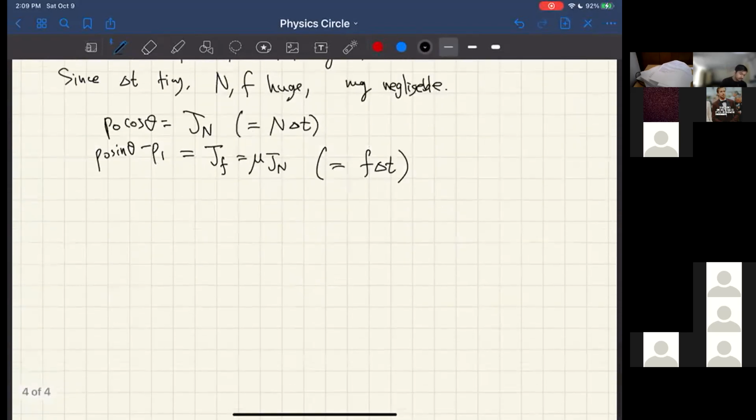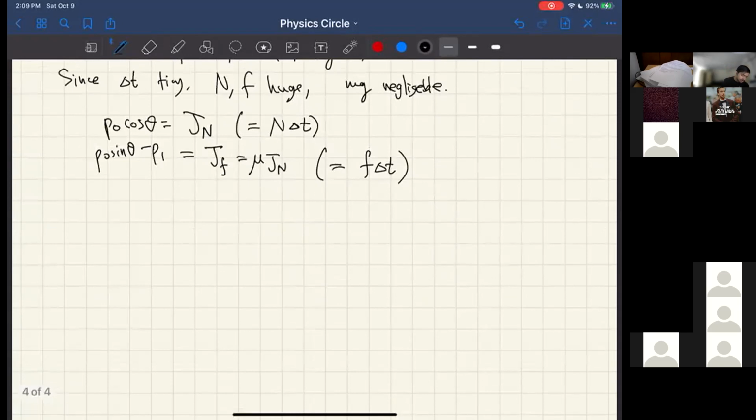Anyways, now if I solve the system of equations, I just get that P0 is Jn over cos theta, so Jn tan theta.